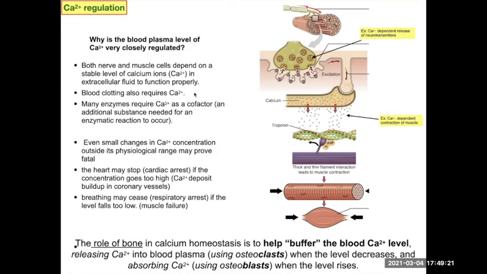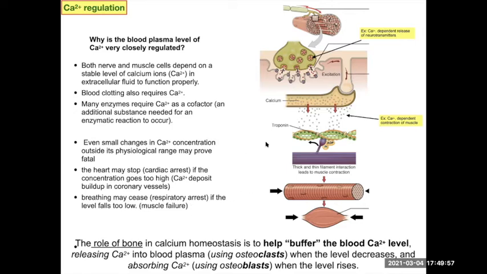And you have other things like blood clotting, where a lot of enzymes need calcium. So with improper levels of calcium, bad things happen. If there's too much calcium, sometimes you get calcium deposits and buildup, and those plaques in your arteries could lead to heart attacks. But most of the problems happen because nerve and muscle function is affected by low calcium levels.